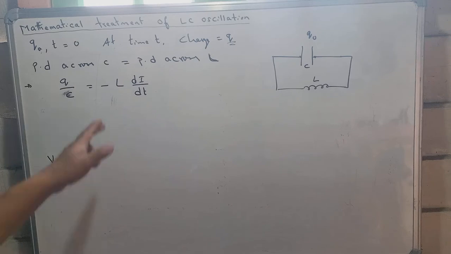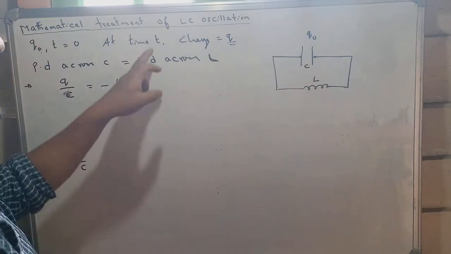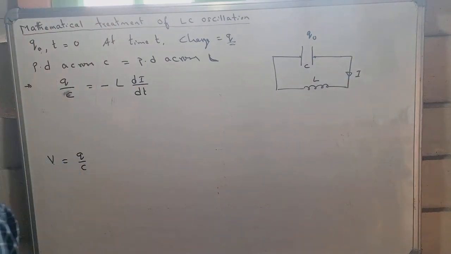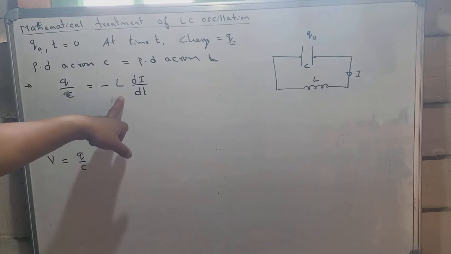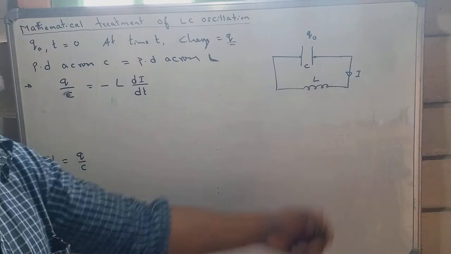Here I is the current passing through the inductor at a time t. I hope you still remember this equation. This induced EMF is like a potential drop across the capacitor.